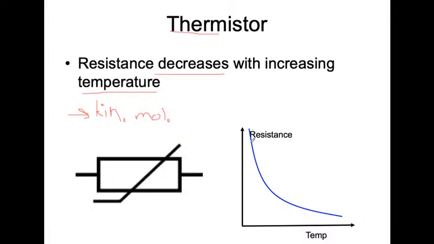So the electrons are able to flow easier through it, and you'll see the resistance decrease as the temperature increases because those electrons are able to flow easier and faster. They're facing less resistance from this device. So I guess everything has this to some extent, but if you use the right materials, you'll see a really dramatic difference.